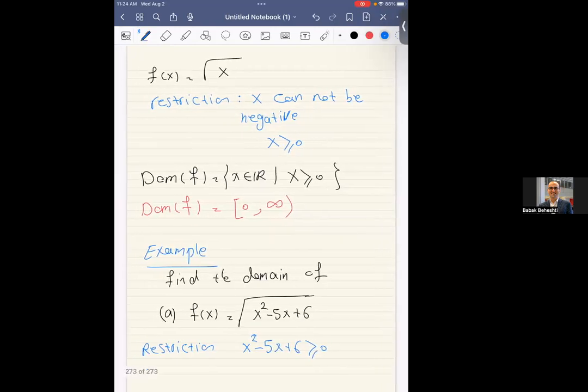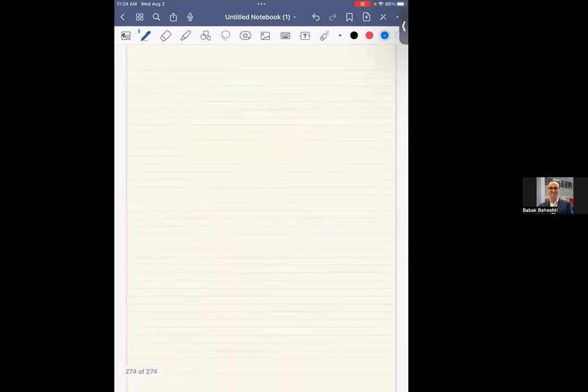Remember, for solving inequalities, what we usually do is try to factor, if there is any factor. Here x squared minus 5x plus 6 is easy to factor, because it is just x minus 3 times x minus 2. So I can make a chart.